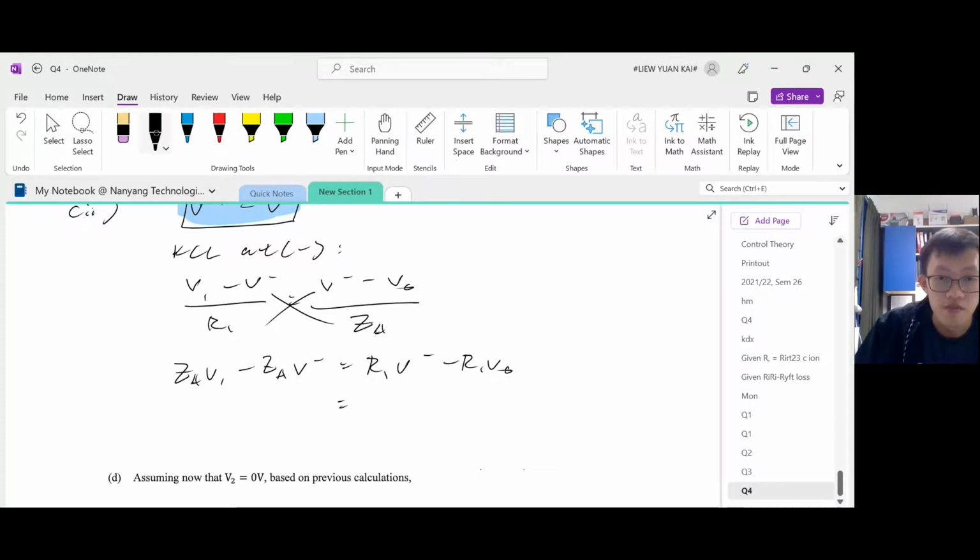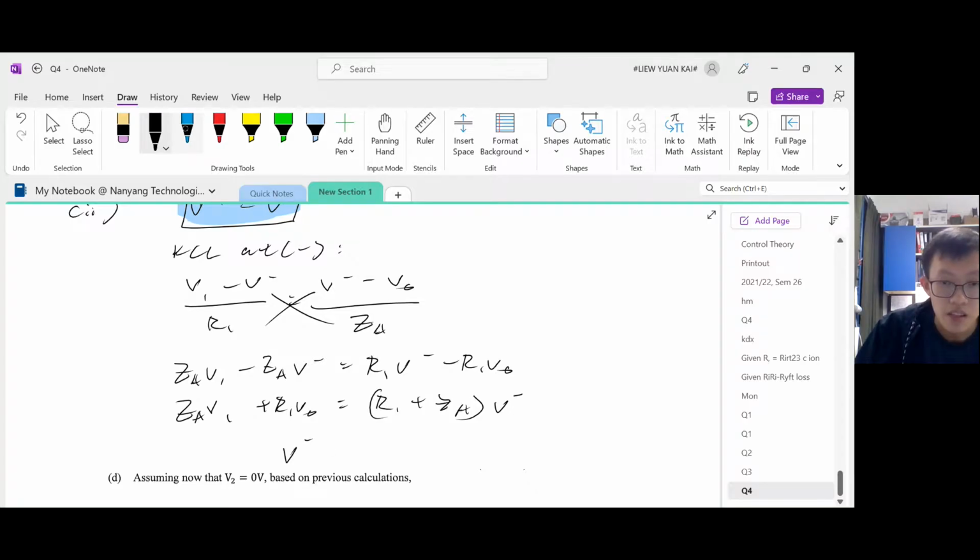Move all the V minus terms to one side. This and this, I group together and factorize out the coefficients. Then this, I bring over here.